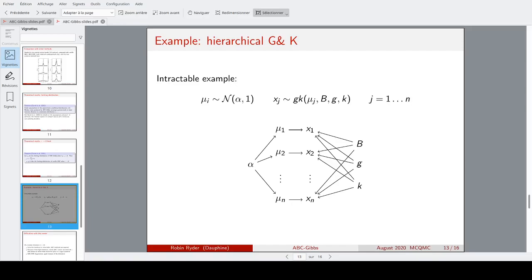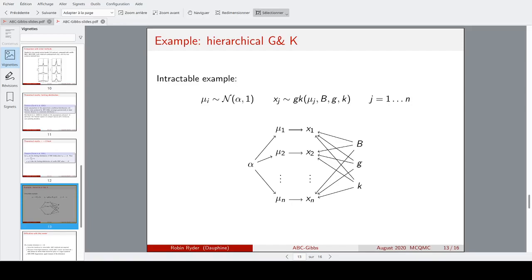And here we're looking at a hierarchical version of this distribution. So it relies on 4 parameters. You have B, G, and K, which are going to be shared between everyone. And then you have a parameter mu, and mu is going to come from some distribution depending on our hyperparameter alpha.